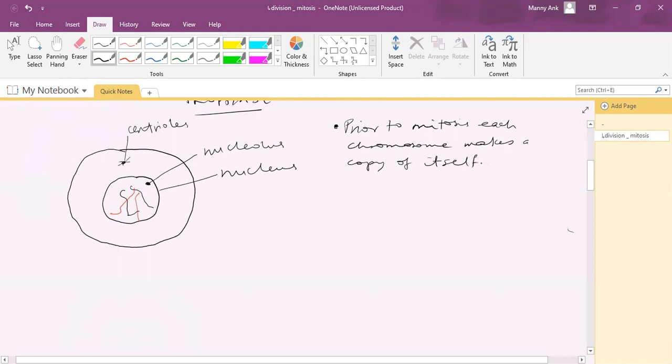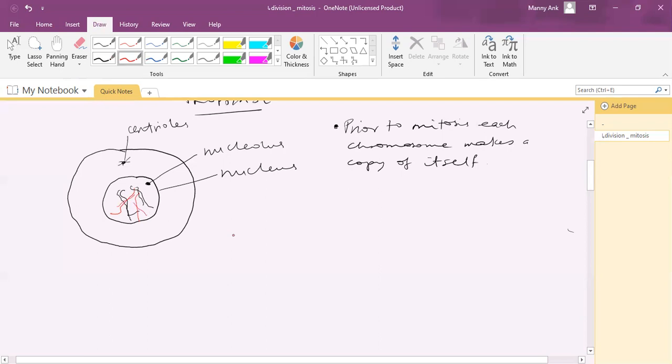So each one will duplicate itself. So this is going to duplicate itself. That will duplicate itself. This will duplicate itself. And this will duplicate itself. Okay.